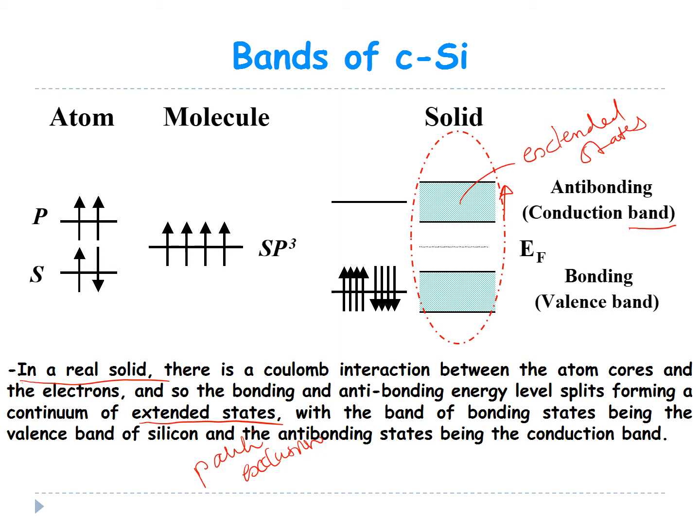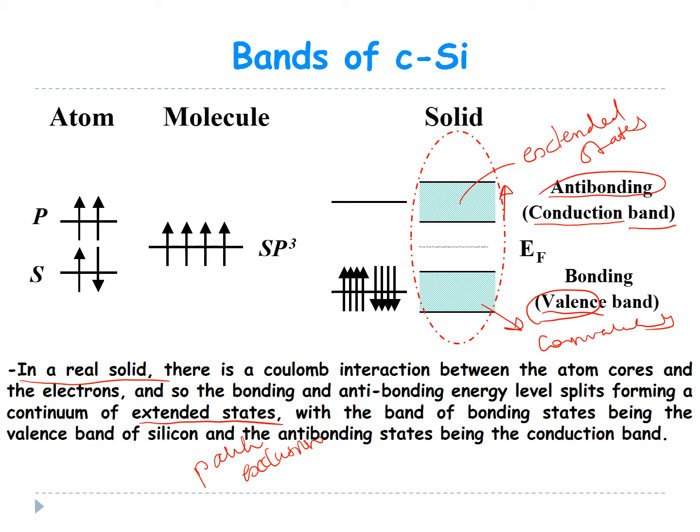So the antibonding band, we call that the conduction band. And the bonding band, we call that the valence band. This is called the valence band because these electrons are covalently bonded. They are forming the covalent bonds between the atoms.